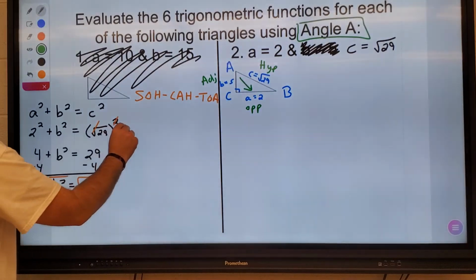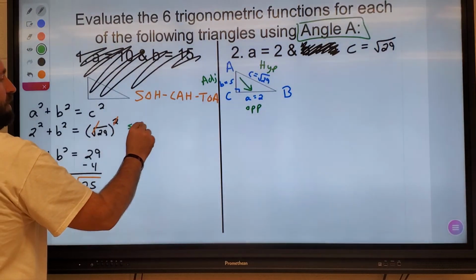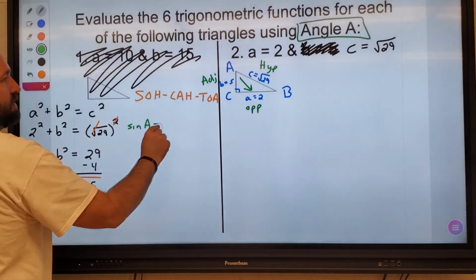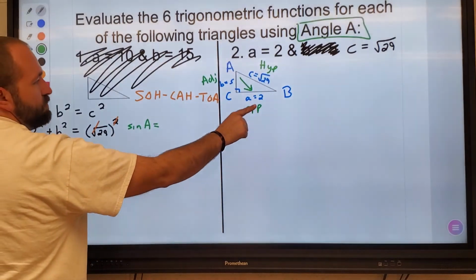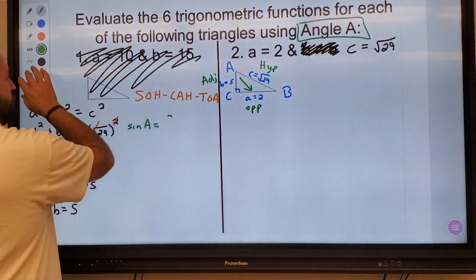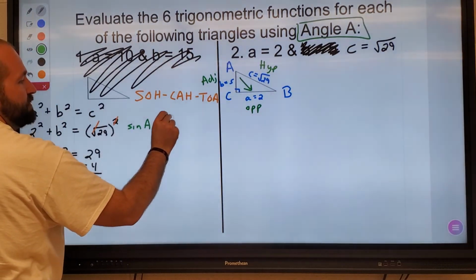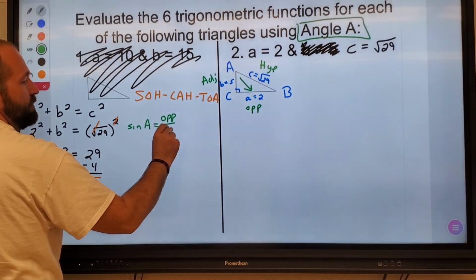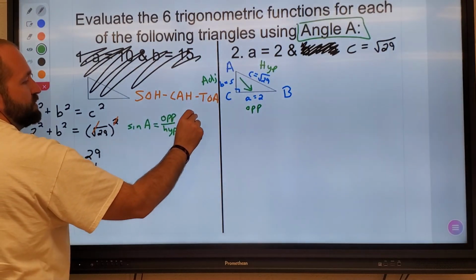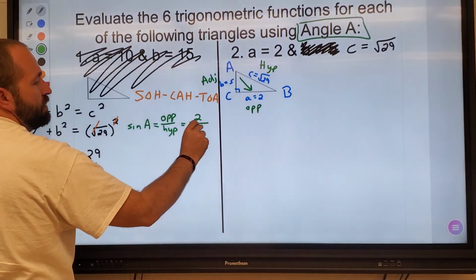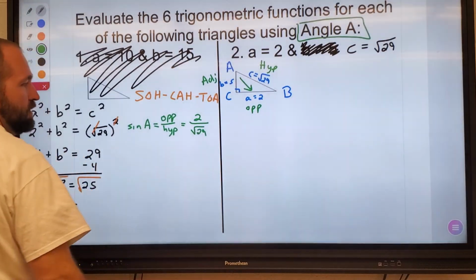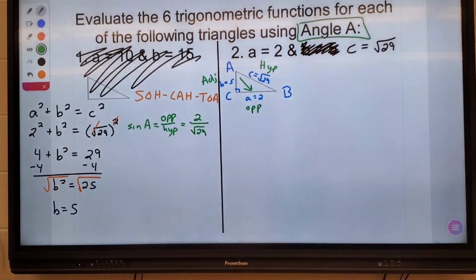So starting with sine of angle A is equal to the opposite, so 2. Let's go ahead and write it again. Opposite over the hypotenuse, which is 2 over square root of 29. You'll notice here that we don't have a number on the outside of the square root of 29, so I cannot simplify.